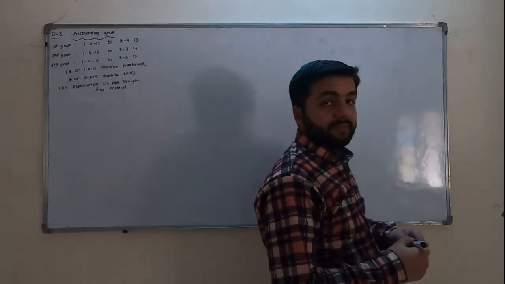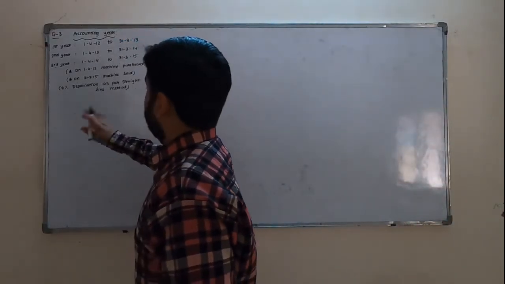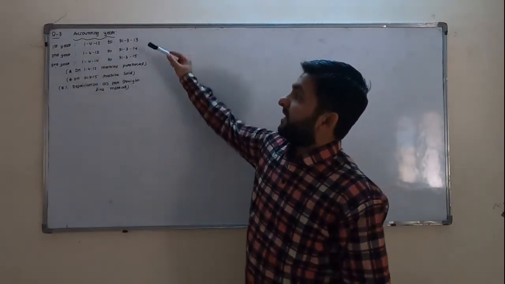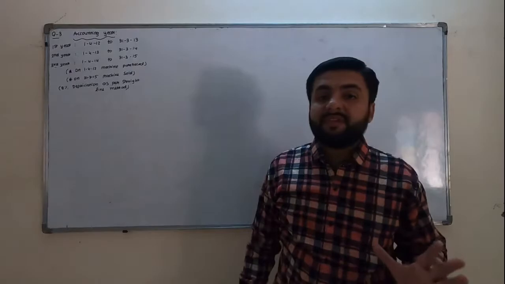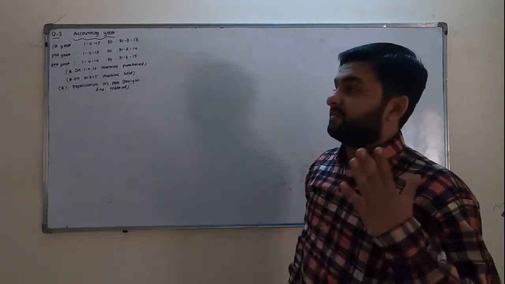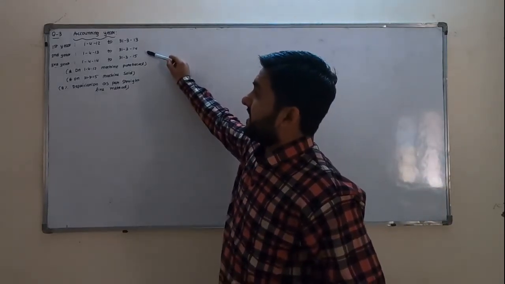Okay. First we start the sum by writing the 3 years which are coming in the sum. If we write these 3 years, then our journal entries and machinery account will be easy to prepare.